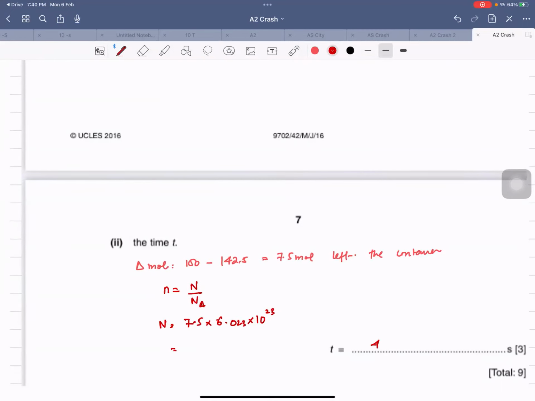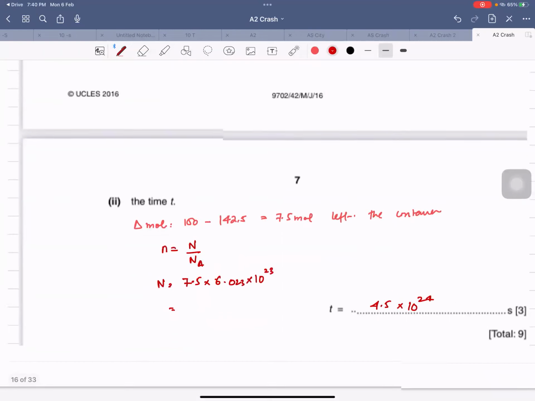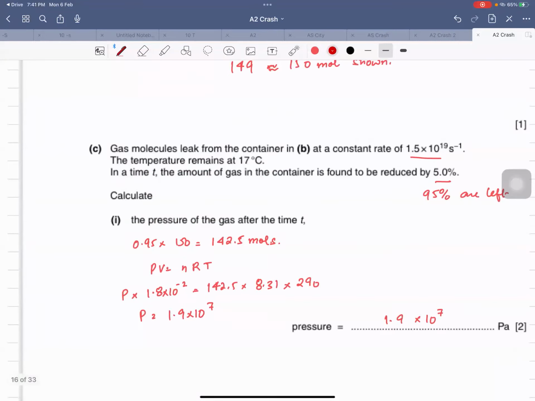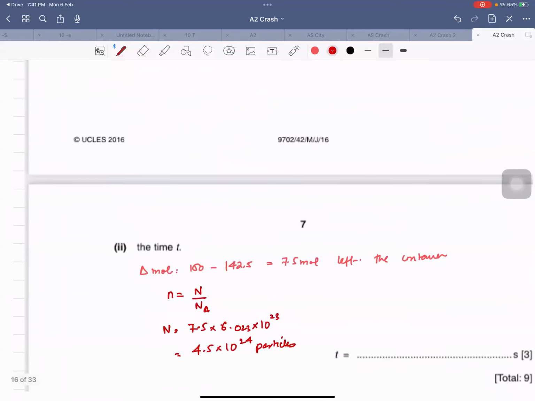Okay, 4.5 times 10 power 24. These are the particles which have left. 4.5 times 10 raised to power 24, you said, right? Yes, sir. Particles.